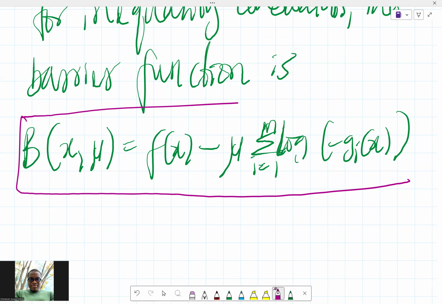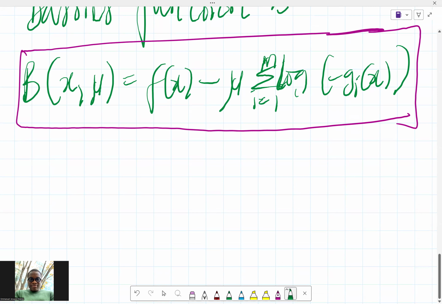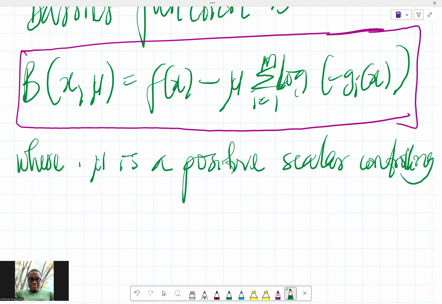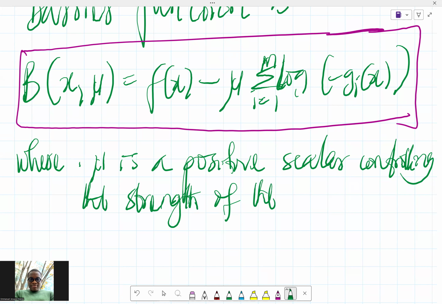Of course, we're going to explain the terms. We have mu. Obviously, that should be the parameter, right? So where we have mu, it is a positive scalar controlling the strength of the barrier.